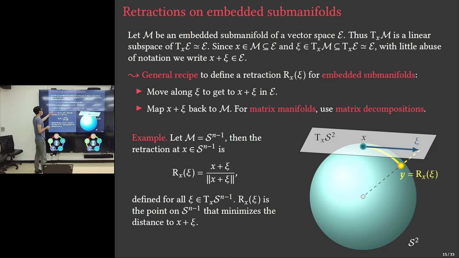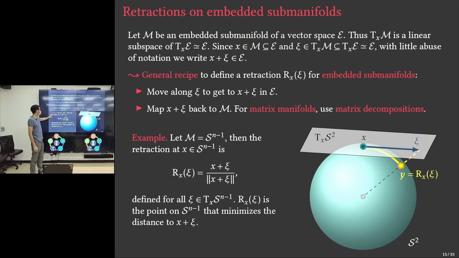So the recipe is like this. We move along psi to get to X plus psi in the embedding space, and then we map this element, X plus psi, back to the manifold. For matrix manifolds, we use matrix decompositions.